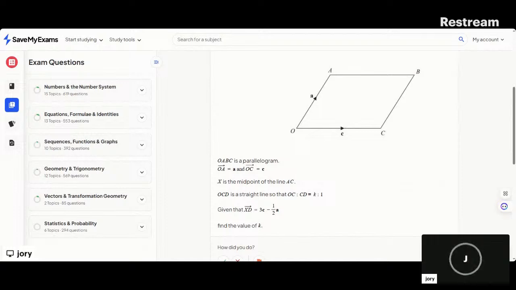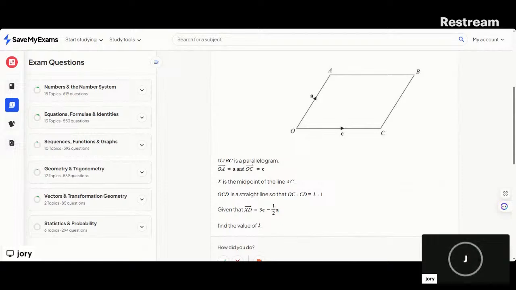We're going to find CD. CD equals CX plus XD, equals A over 2 minus C over 2 plus 3C minus A over 2.